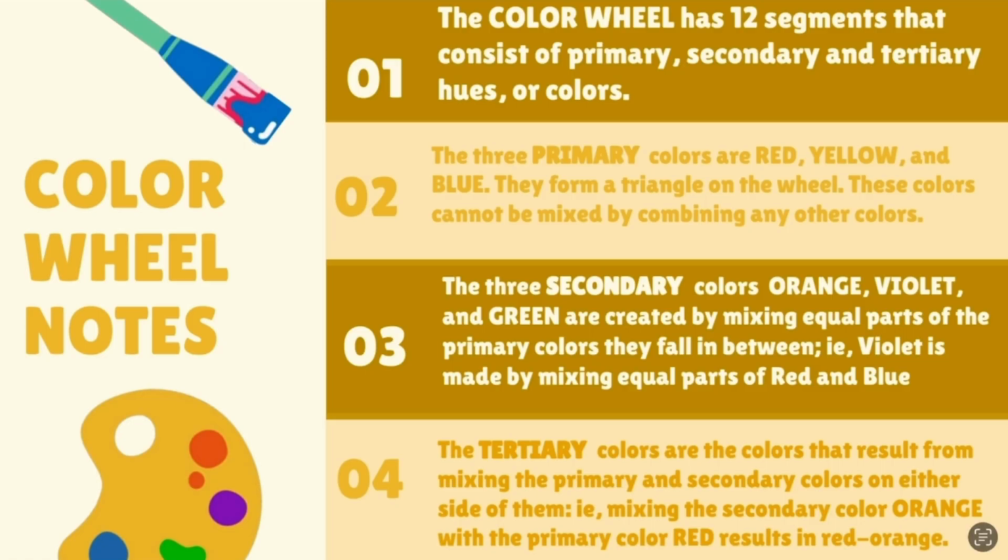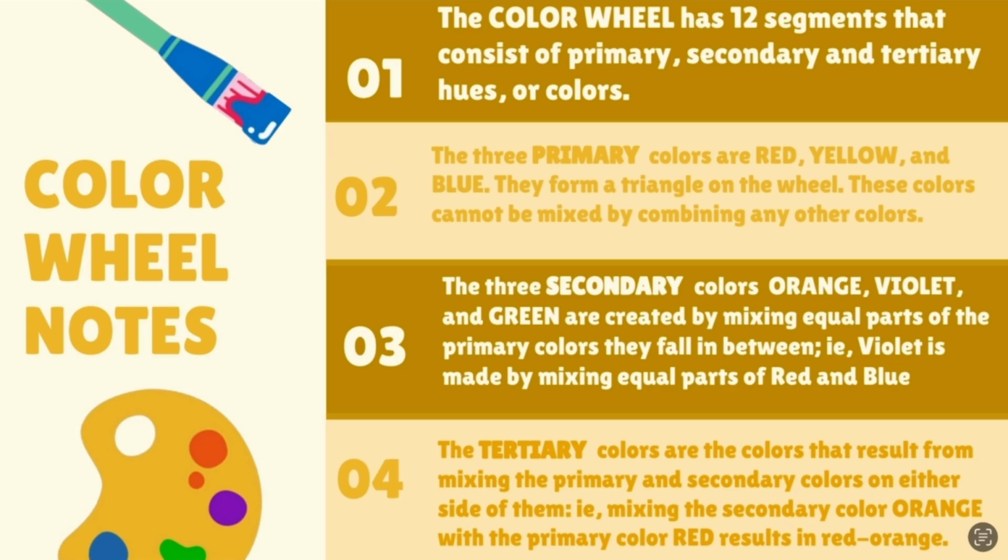Here are some color wheel notes that may interest you. The color wheel has 12 segments that consist of primary, secondary, and tertiary hues or colors. The three primary colors are red, yellow, and blue, and they form a triangle on the wheel. These colors cannot be made by mixing any other colors. The three secondary colors are orange, violet, and green, created by mixing equal parts of the primary colors they fall between.